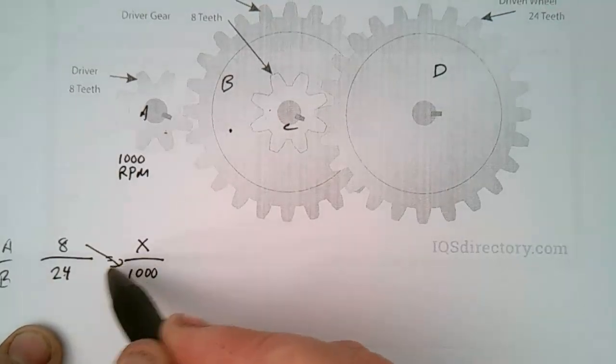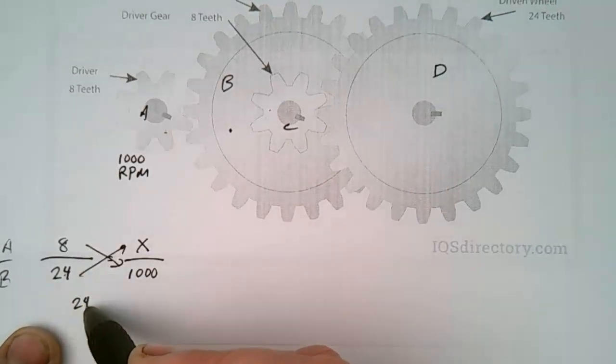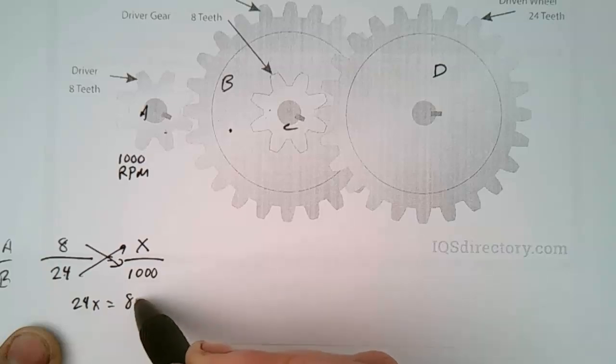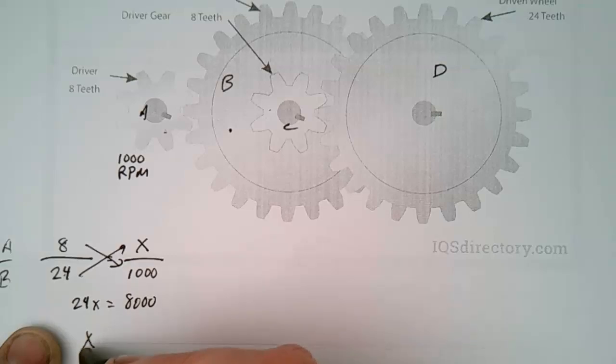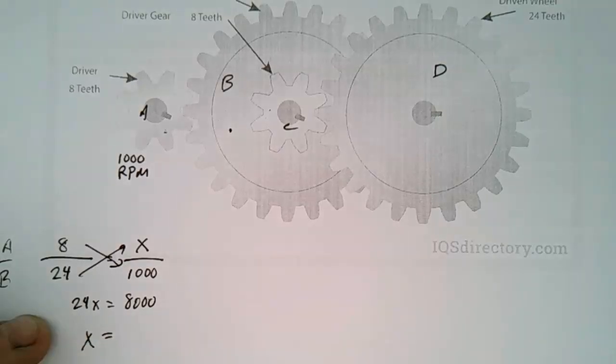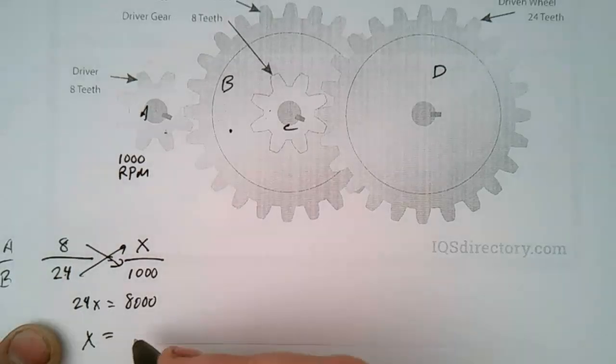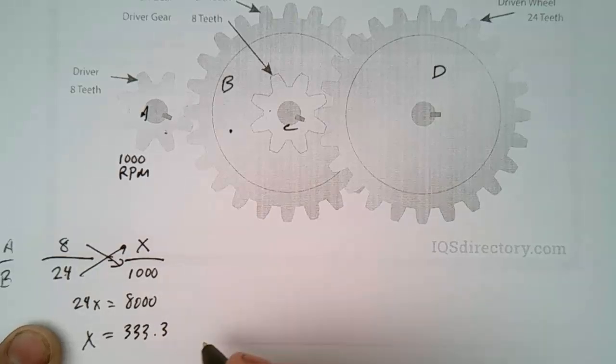Cross multiply this, you get 24X equals 8,000. And if I divide both sides by 24, I get 333.3 RPM.